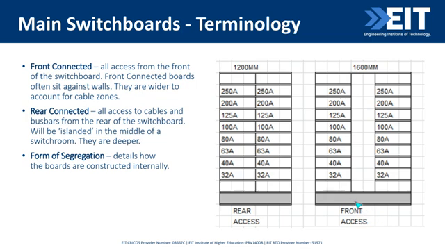A front access, which is a lot more common, needs to account for cable space. So that's why they tend to get longer in length. So for the same amount of circuit breakers, a front access switchboard would be wider at 1.6 meters, but more shallow than a rear access board.